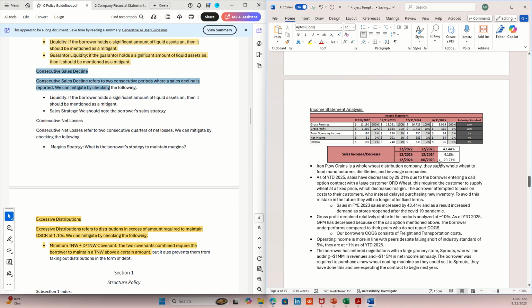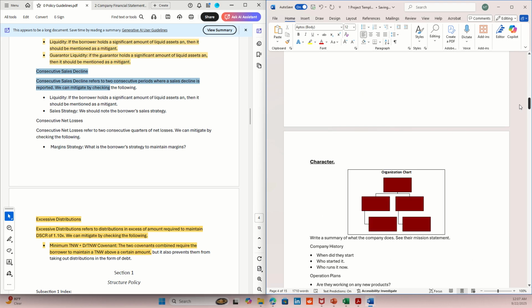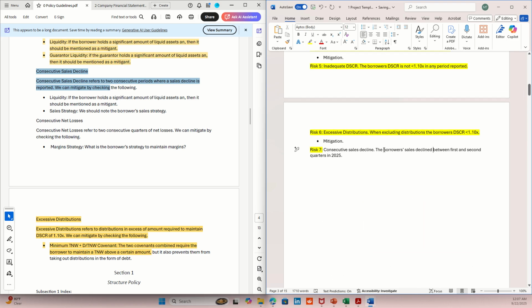So because they've lost 29% of their sales, then I'm going to cite that as a policy exception because that's two consecutive quarters. Consecutive means back to back. That's two back to back quarters of sales decline. Consecutive quarters of sales decline. Okay? The borrower sales decline between first and second quarters in 2025. Simple statement. Now, lastly, we're going to do what we always do.